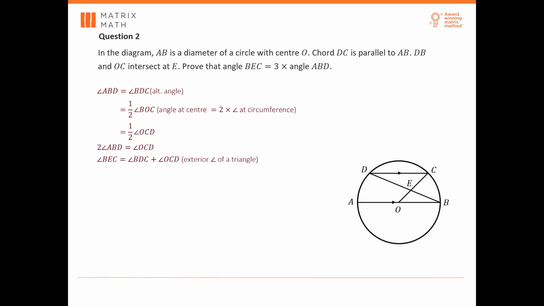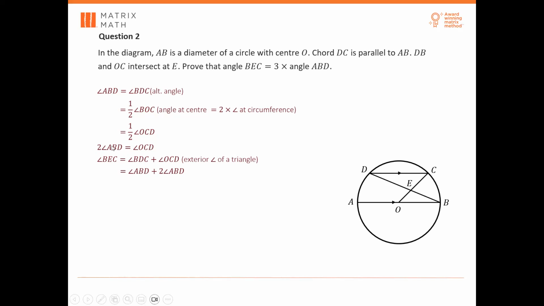Okay, so next what you write down is angle BEC. This exterior angle on the outside will equals to this angle and this angle due to exterior angle of a triangle. All right. So from here, what we can do is we can replace it with ABD and 2ABD.